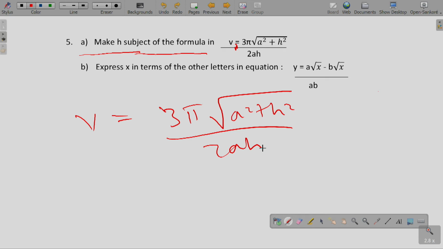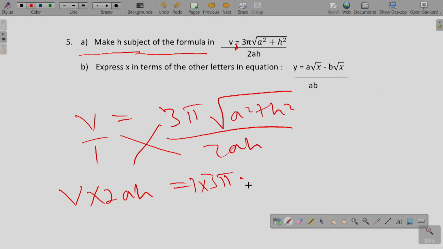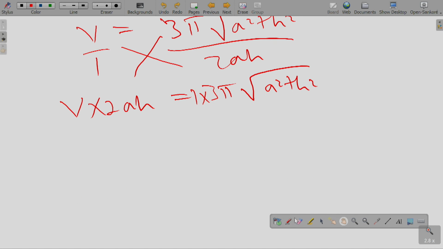I have to make h the subject of this formula. So let's cross multiply. Here I get v times 2ah is equal to 1 times 3 pi square root of a square plus h square.